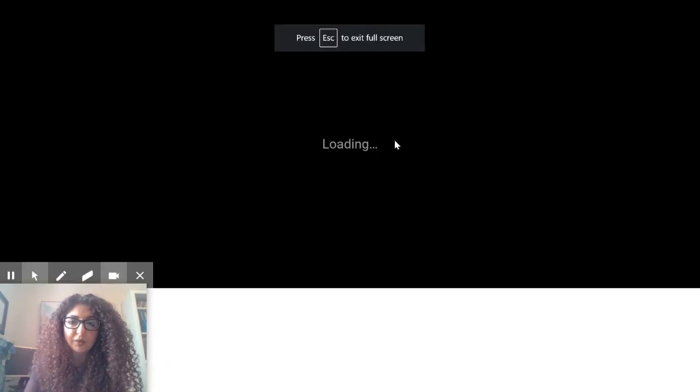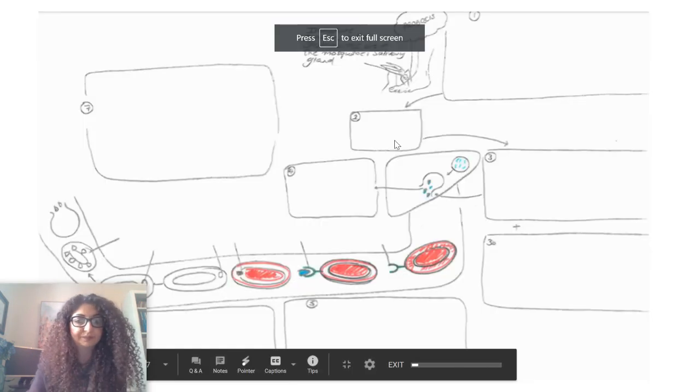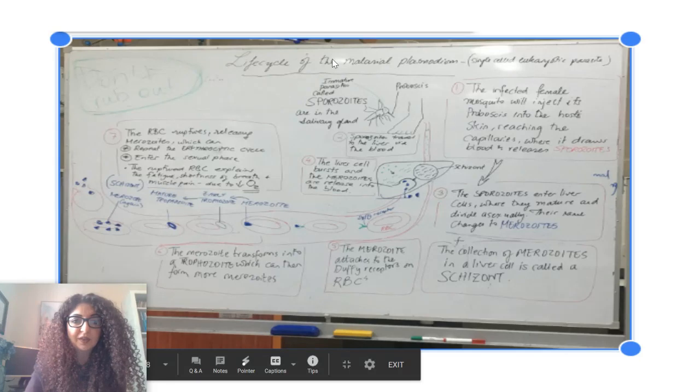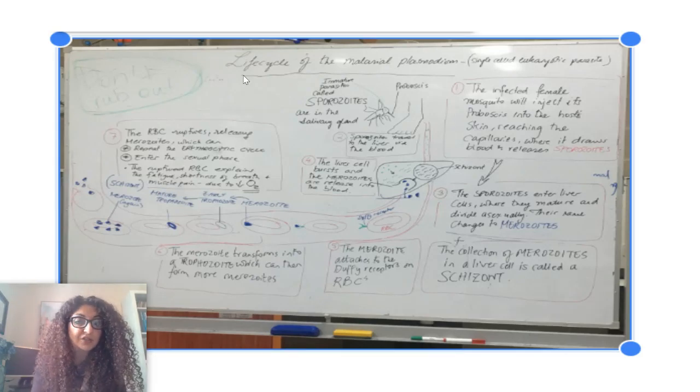Let's take a look, and we'll go through it together. So over here, this is one that we just drew up on the board in school. Again, we've got all of the little parts here, so you can see all of the steps written out in order. The only step that we didn't write on our one was the RBC ruptures, so it's just this one here that I'm circling around.